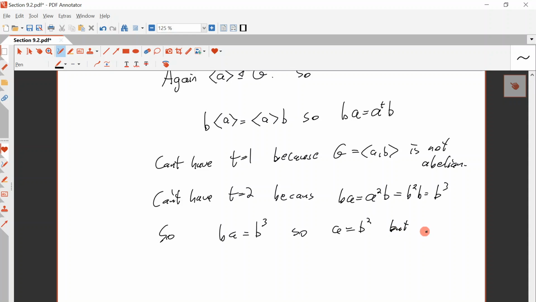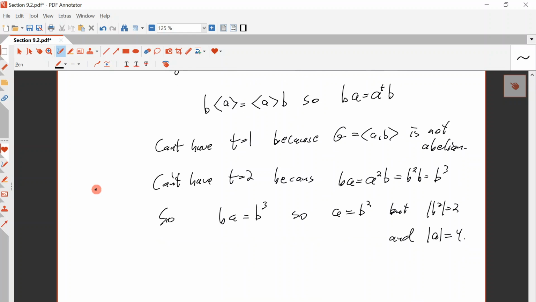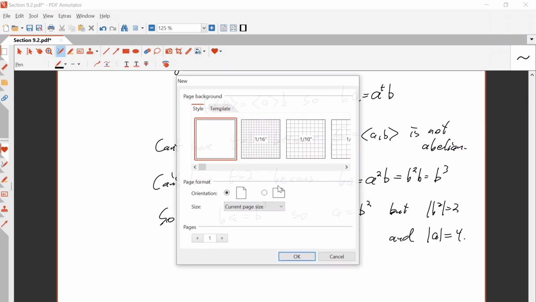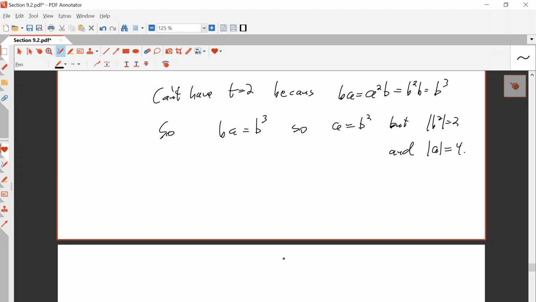But the order of B squared is 2, and the order of A is equal to 4. So that's not good, right, either. All right, so it must be that BA is equal to A to the third B.